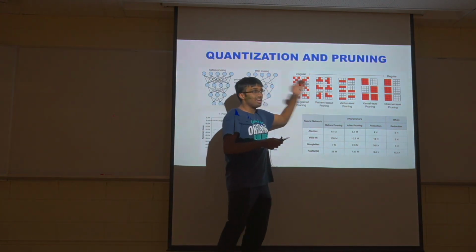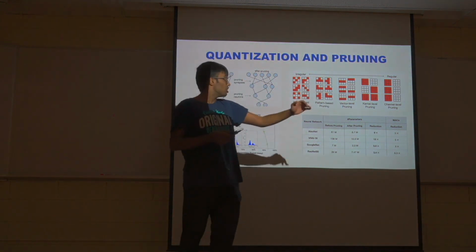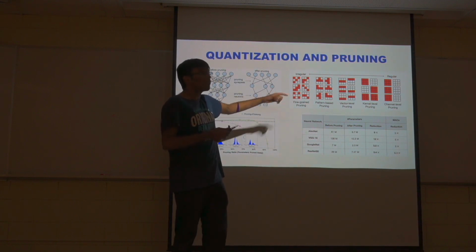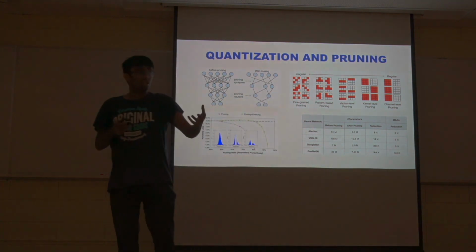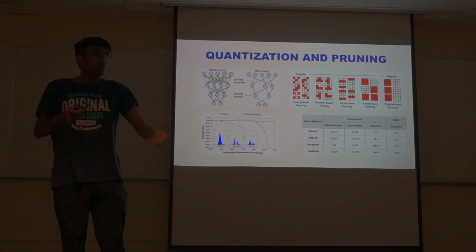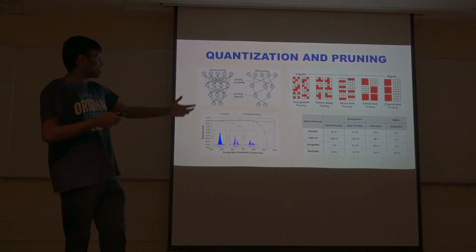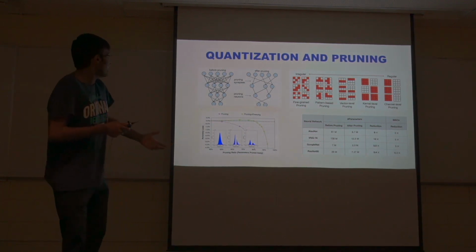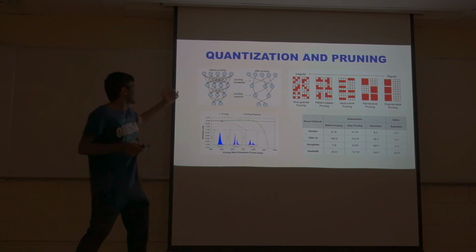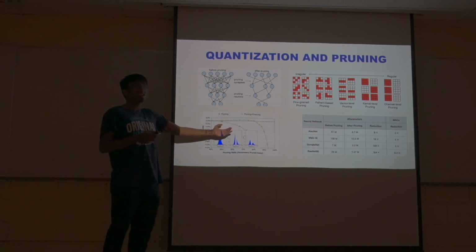I can look for patterns. I can look for, hey, can I eliminate entire channels? Or is there a specific pattern that I know from business logic that is going to be the most effective here? So there are a lot of ways that you can play around with how you want to prune your models. Obviously, the moment you prune, you're going to get an accuracy hit.